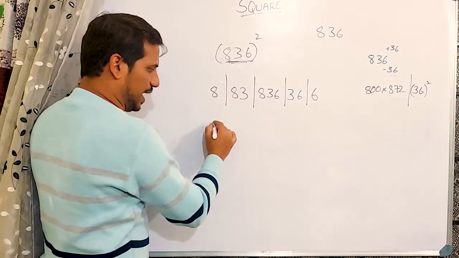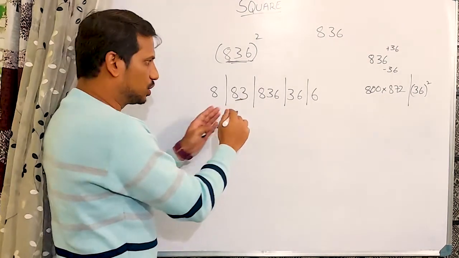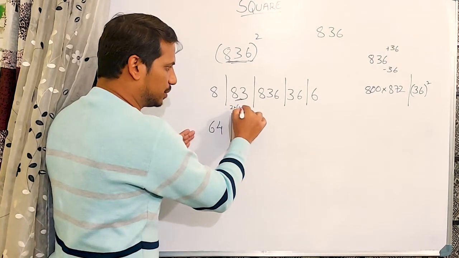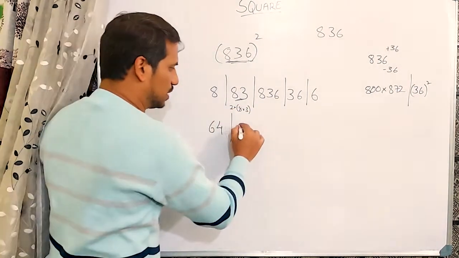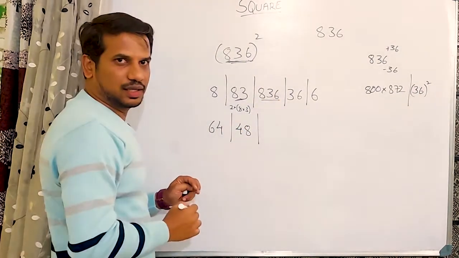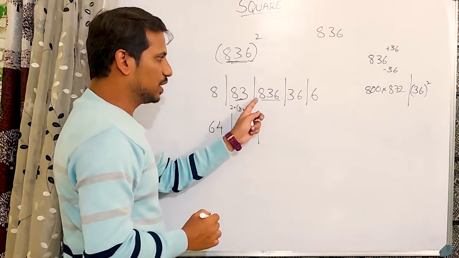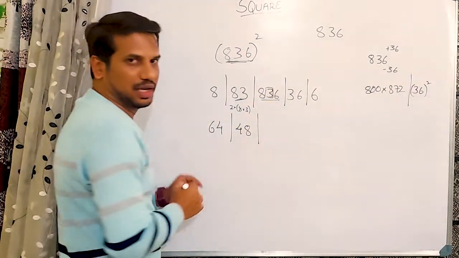So duplex of 8 is nothing but 64, duplex of 83, 2 into 8 into 3, that's 24 into 2, that is 48. And how to find the duplex of a 3-digit number? So 2 into the extremities plus the square of the middle one.